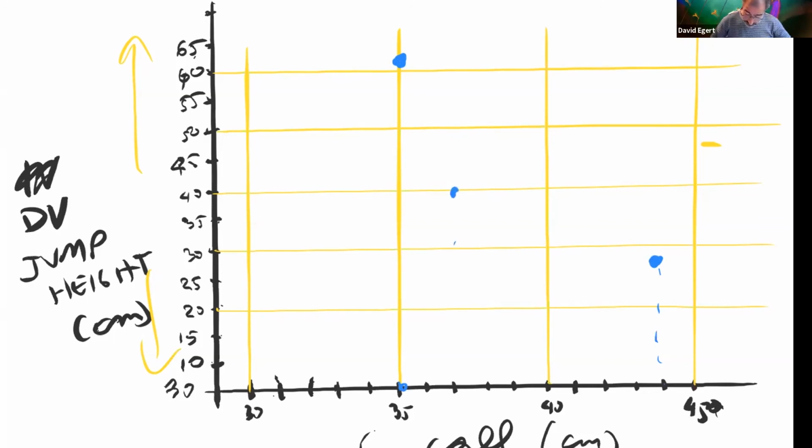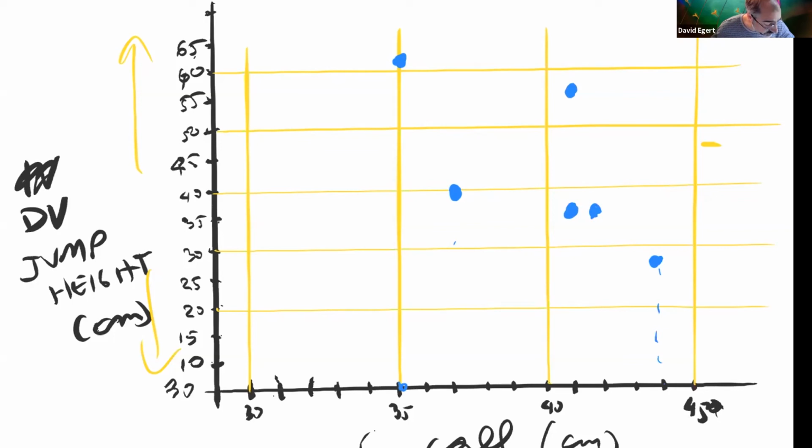That's about right here. The next one is 41, 54. Right about here. The next one is 41, 33. Right about here. The next one is 42, 33.